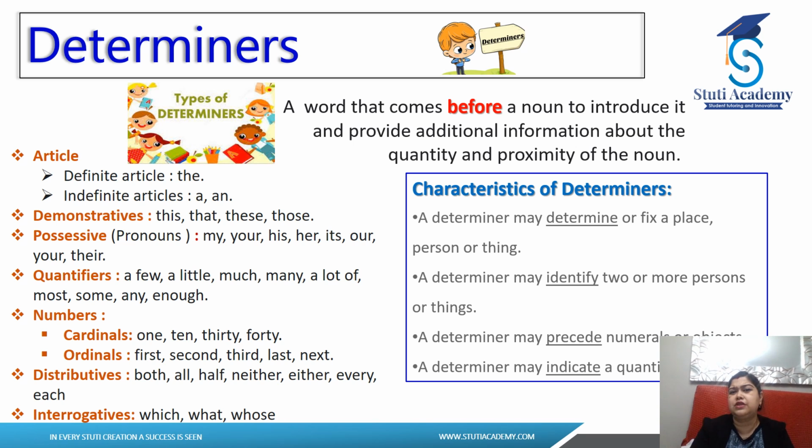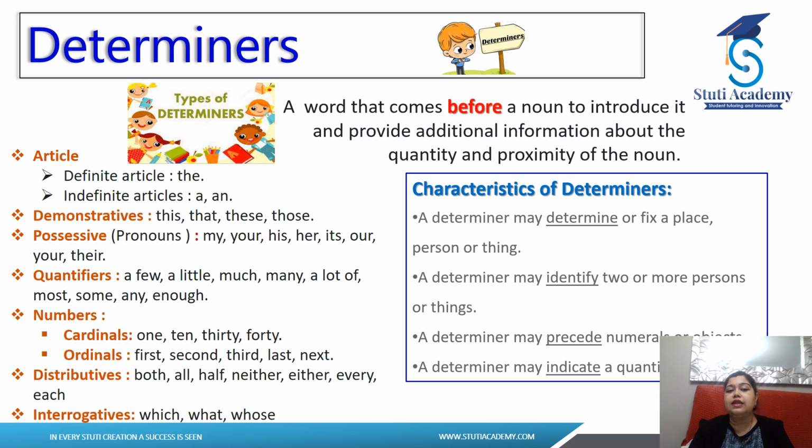You know why this difference is? The difference is basically because I would say I came first in my class. I wouldn't say I came one in my class. Or if I have two chocolates, I can't say I have second chocolates. So that is why we use the cardinals and we use the ordinals. So it is how we construct the sentence.